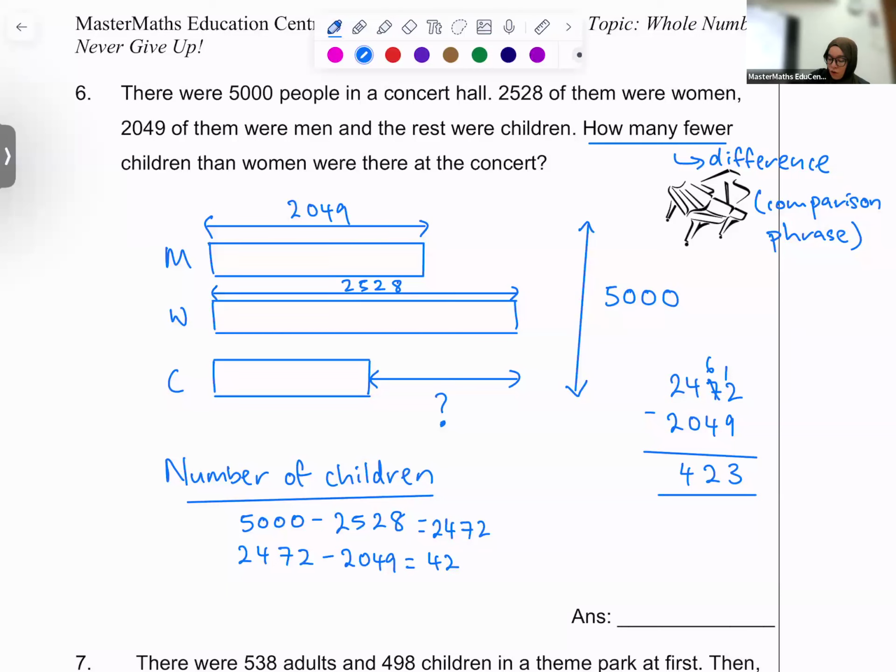So this is 423. Now this is the number of?